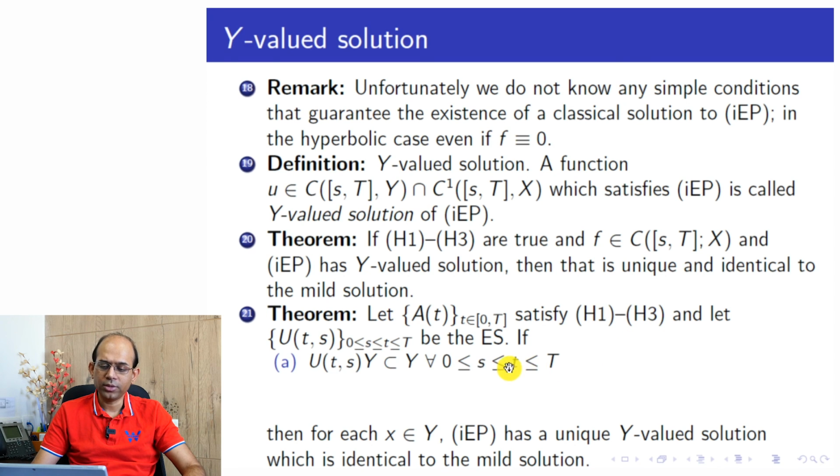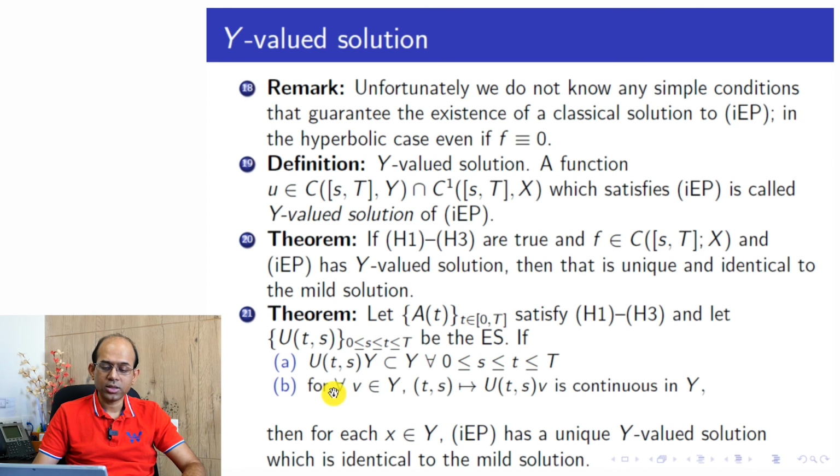If in addition you also satisfy the following two conditions: A, U(t,s)Y is a subset of Y, basically saying that Y is an invariant subspace under U, so the image of Y under U(t,s) is in Y itself for all s and t.